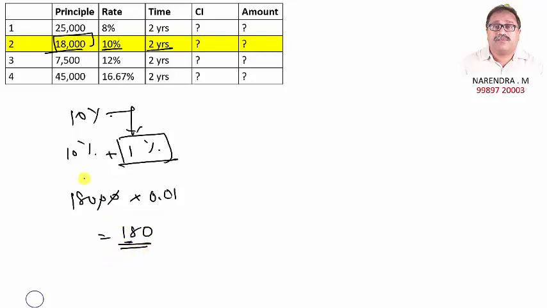I do agree that for numbers like 10%, 20%, 30%, I can directly figure out the difference between the simple interest and compound interest. As we worked out for 10%, in a similar way if it is 20%, then first year 20%, second year 20%, and the difference is 20% of 20%, which is 4%. Yes.